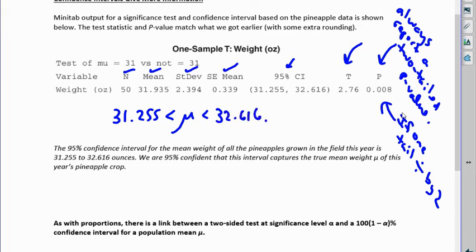And so it's going to really match up well, because you can see that 31 is not in this confidence interval. And so the confidence intervals and the tests are going to draw the same conclusion.